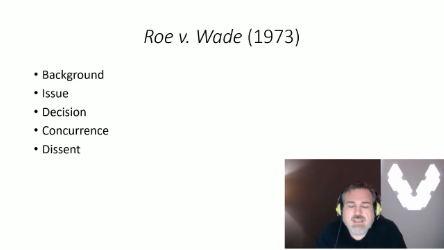And there are many limitations upon Roe. In fact, the true history of abortion rights in the post-Roe v. Wade era is determining what limitations exist. It's not a broadening in any sense of the right articulated in Roe v. Wade, but it's a constriction of the right articulated in Roe v. Wade.